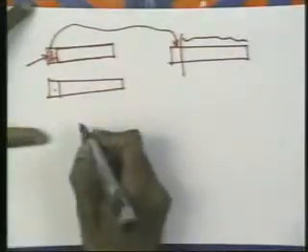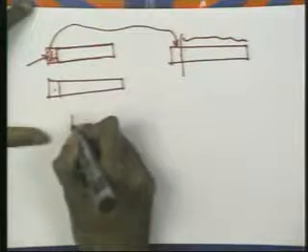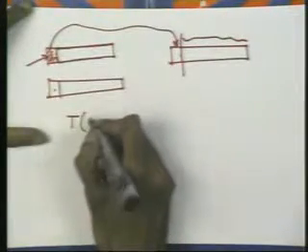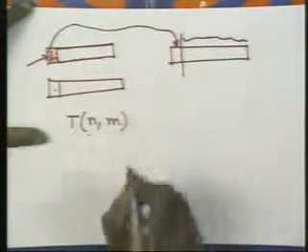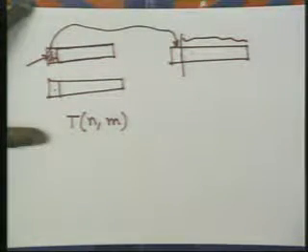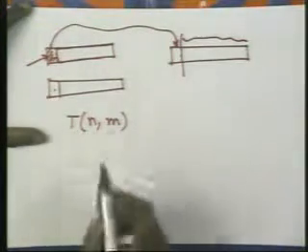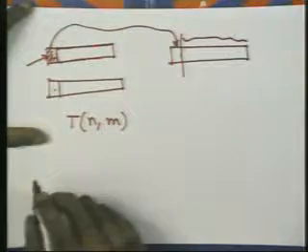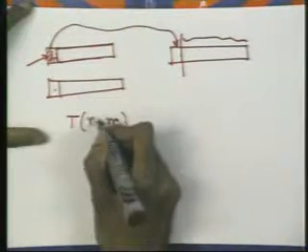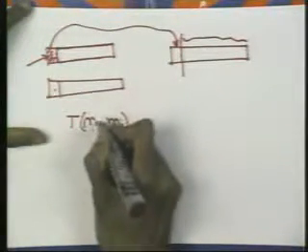So now how much time does this take? Let's write the recurrence here. So T, this could be n and m, because they could have different sizes, right? Let me not use n here. Let's say m1 and m2.